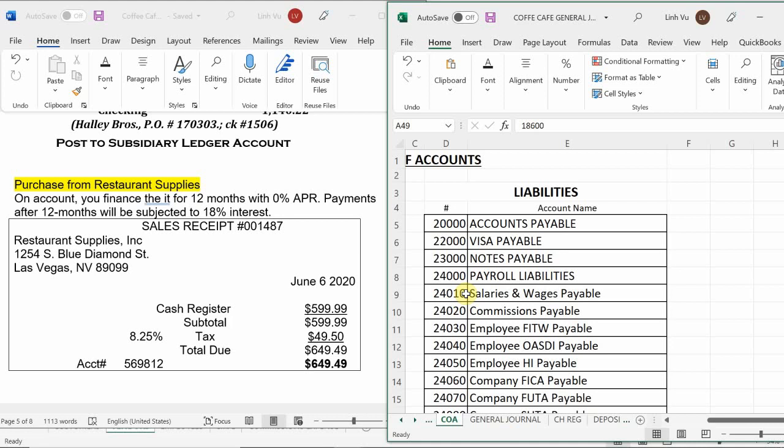Yes, we understand that we owe money, but in this case, it's a financing opportunity. Am I obligated to pay within 12 months? No, right? I have the opportunity to pay it after 12 months. I have the opportunity to pay it before 12 months.